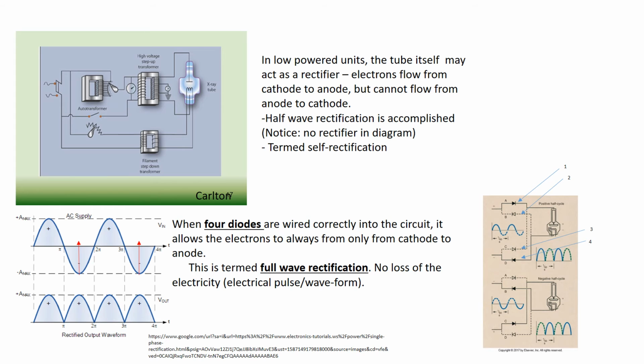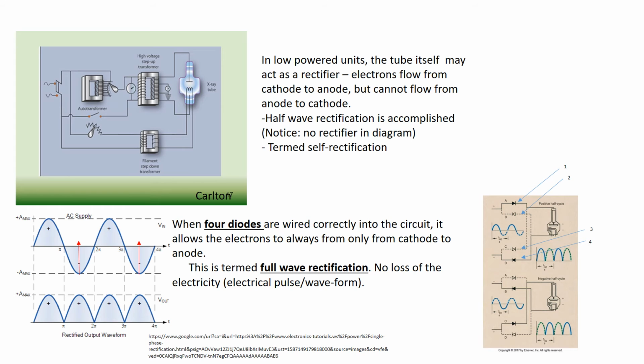Well, electrons can flow from cathode to anode, and then what happens? The electricity reverses, but can electrons flow from the anode to the cathode? The answer is no. So at that point in time, the tube would be acting as the rectifier. So in low-powered units, the tube itself could act as the rectifier.